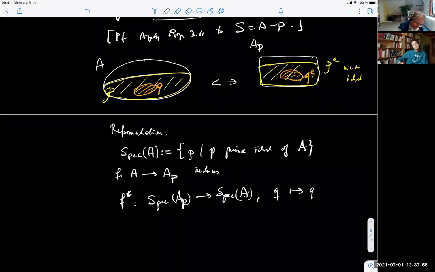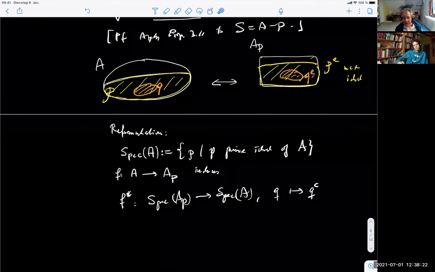Now, sorry, what do I do? Yeah, I do the contraction. I have a prime ideal here, I take the inverse image, the contraction, that's a prime ideal. So this F star is a well-defined map. Okay, so I have this map.